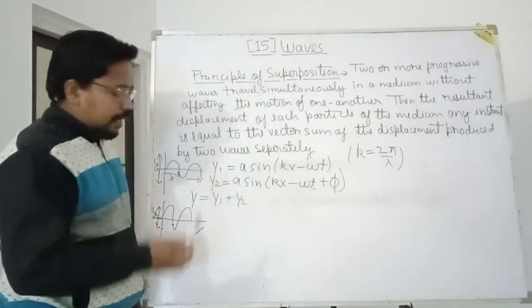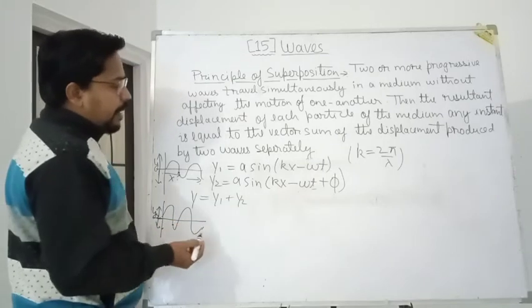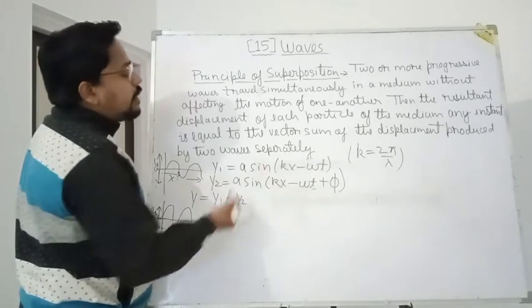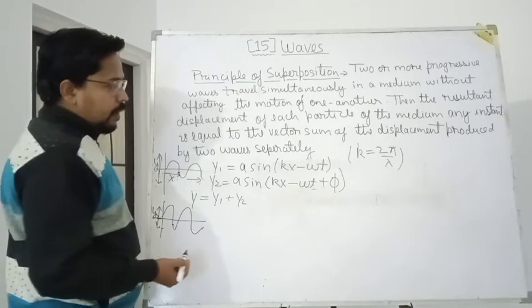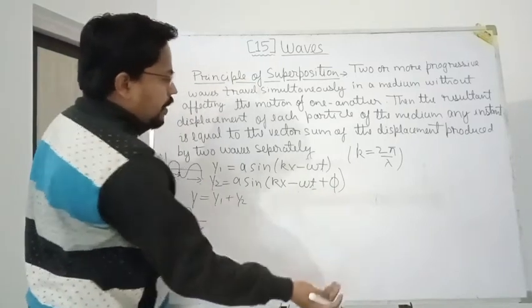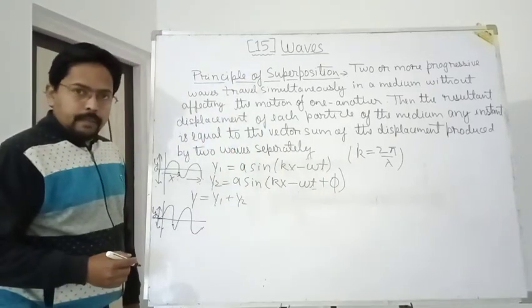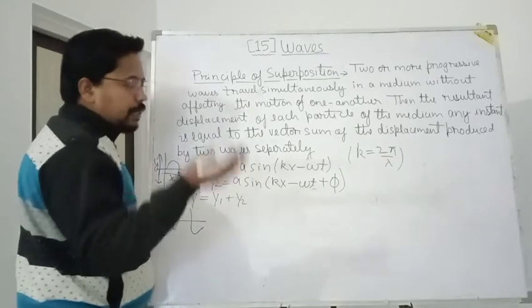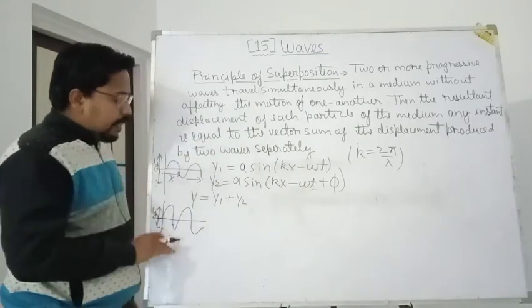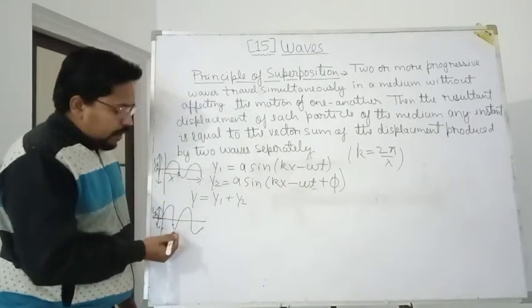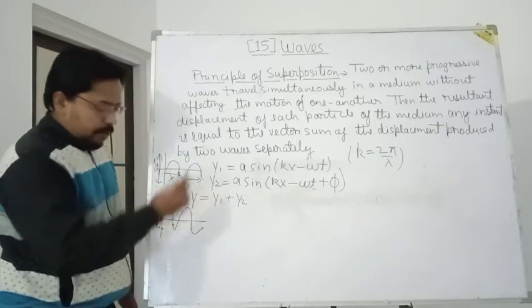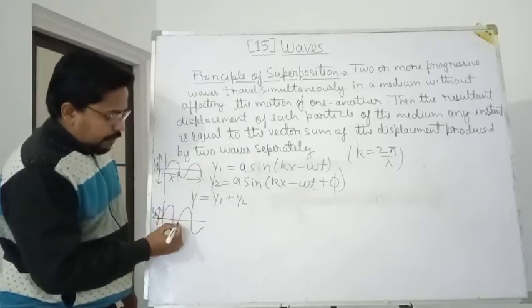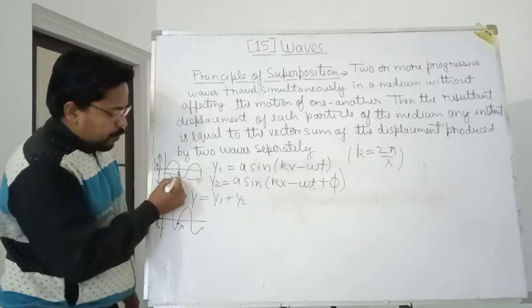Let us say the particle is at x distance from the origin, but it has some other direction of movement. The position is the same, but the direction is somewhat different. In this case, let the particle be coming down, and in this case, let the particle be going up at this x position.